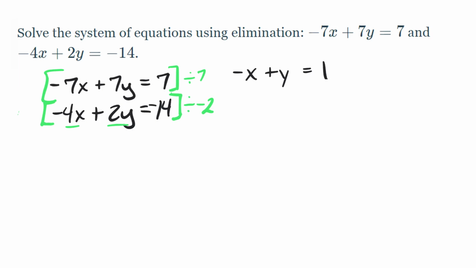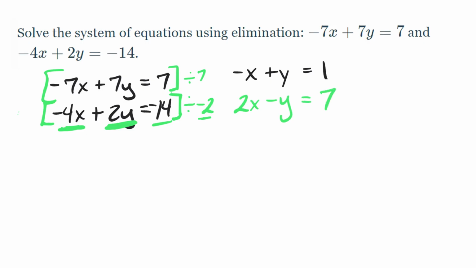So each of these terms gets divided by negative 2. Negative 4 divided by negative 2 is positive 2x. 2y divided by negative 2 is negative y, so those are set to be opposite. And then negative 14 divided by negative 2 is 7.